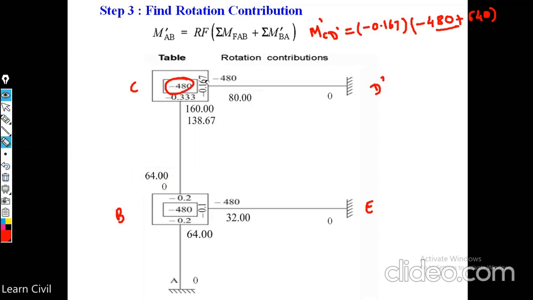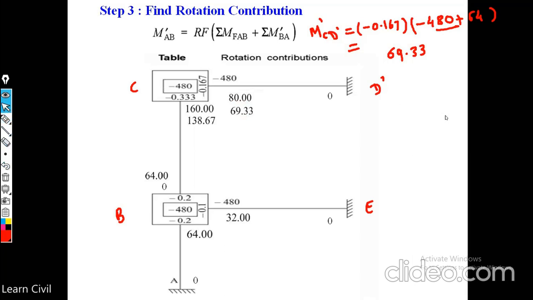So this will be equal to 69.33. Just write down this value of 69.33 here.